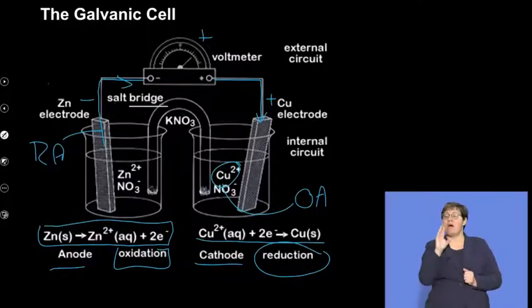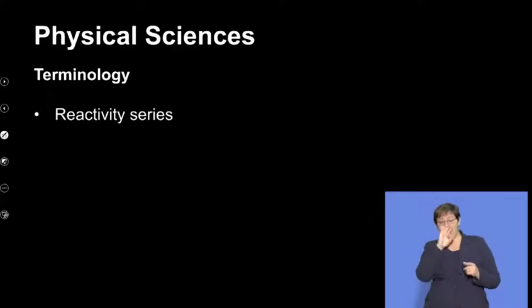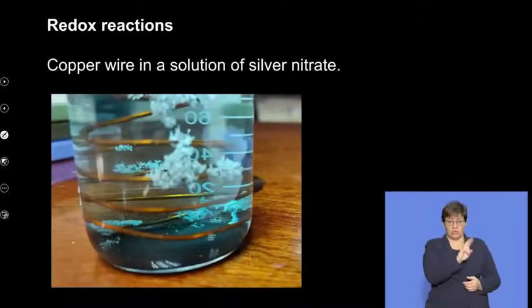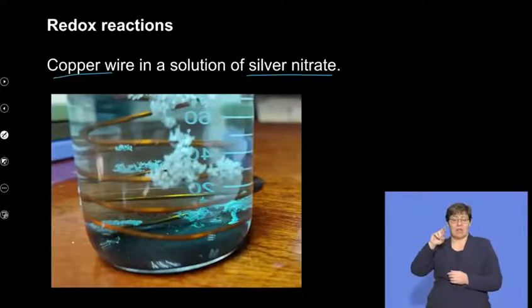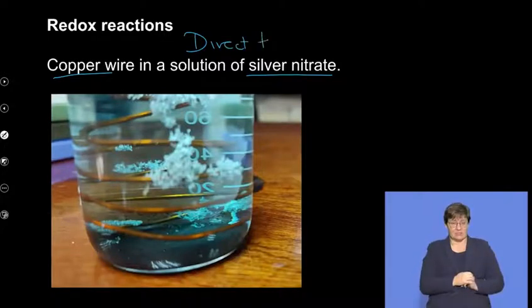When we asked the question earlier about whether the zinc-copper cell is the only one, well, no, it's not, because chemists have a way of comparing reactivity, what they call a reactivity series. One other example of this is if we take copper wire and place it into a solution of silver nitrate, there's another direct transfer of electrons.